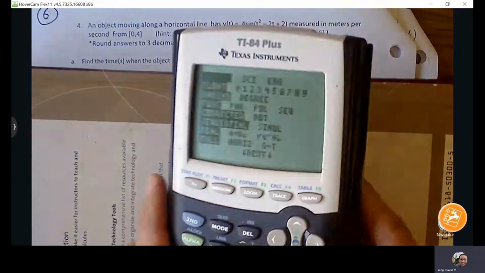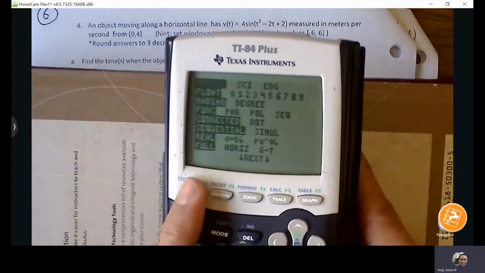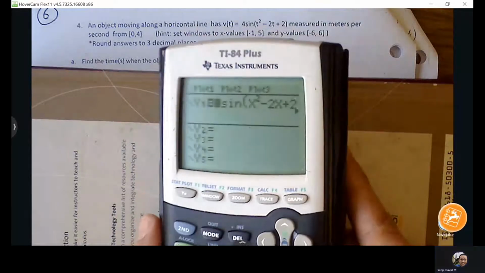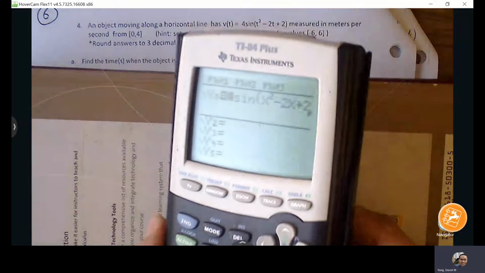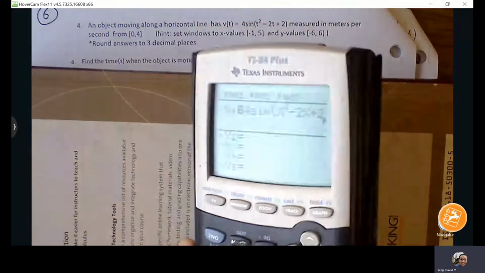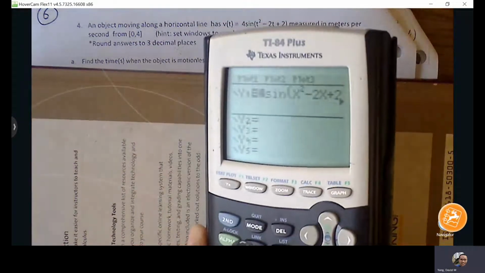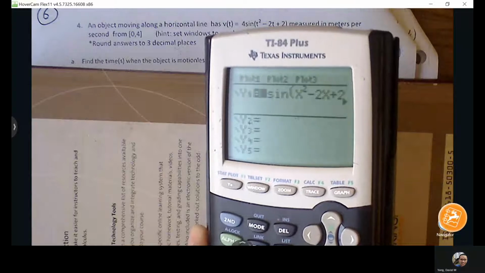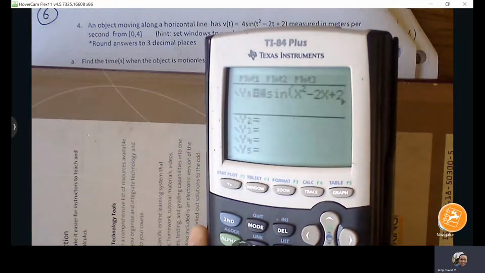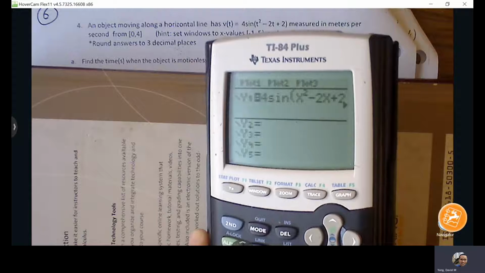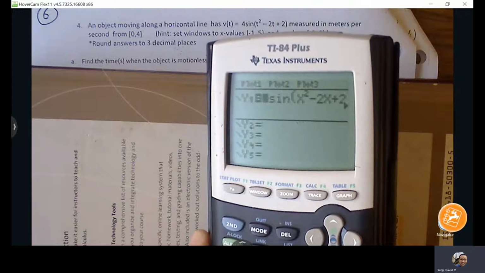Okay, make sure you're in radian mode. Okay, go to y equals, type in that function, 4 sine of x squared minus 2x plus 2. Don't use variable t, always use variable x.